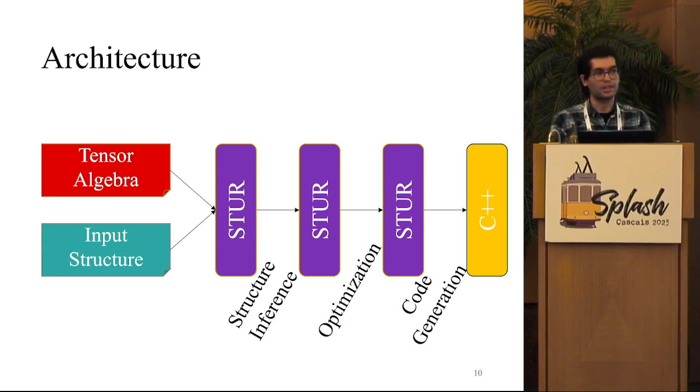What structure inference is, is basically what you've seen in previous slides. We propagate the structure of the inputs throughout the whole tensor computation, and we infer the structure of the output. The next step is optimizations. We do some level of optimization over the inferred structure. And the very last step is code generation. And we generate structure-aware C++ code for the tensor algebra computation.